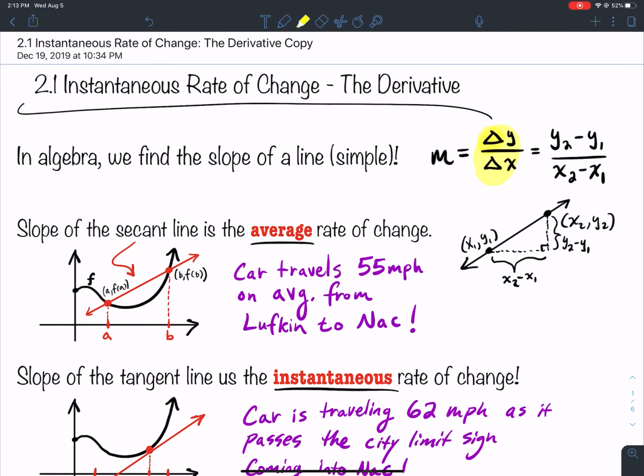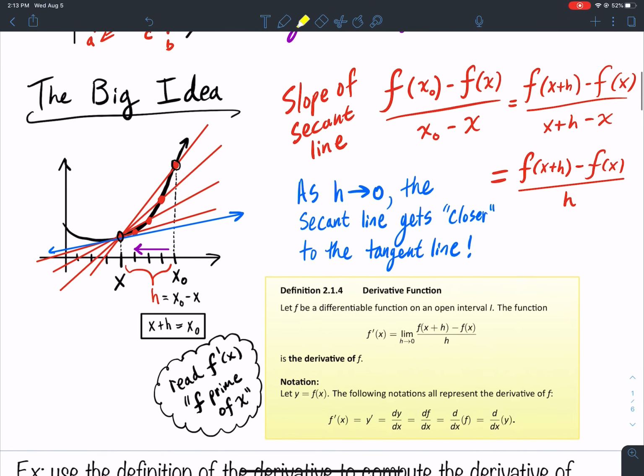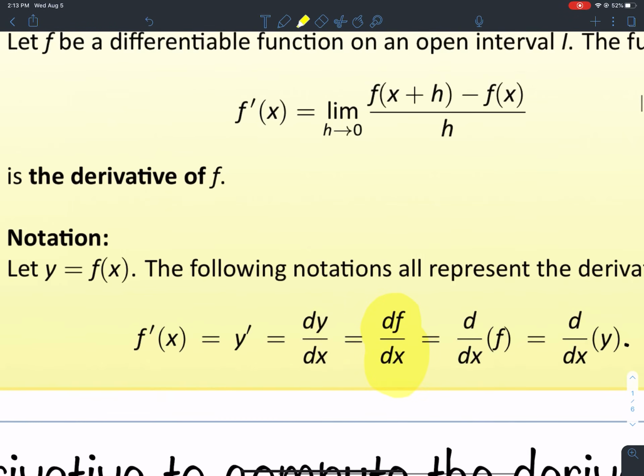D is for delta. This is the Greek letter capital delta, change in x, okay? Df dx, which is the derivative. I read this as the derivative of f with respect to x.